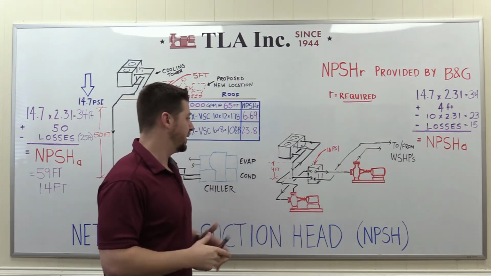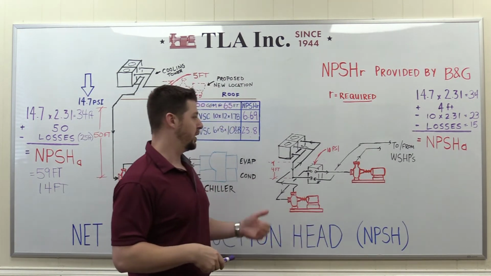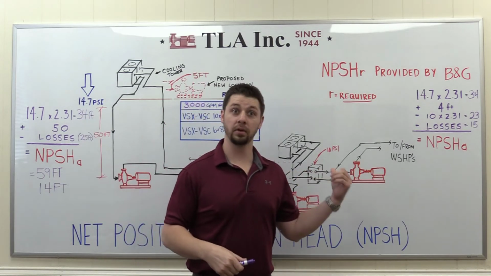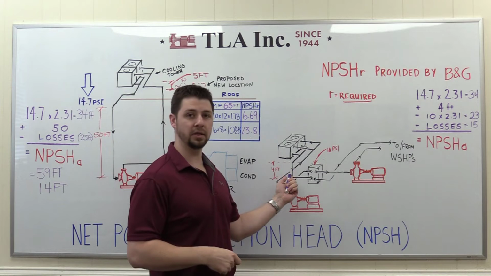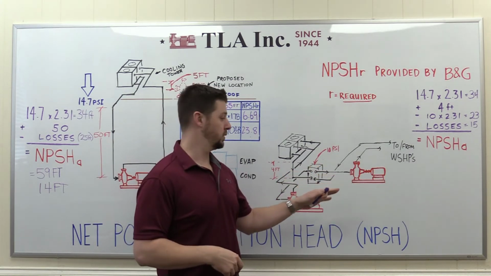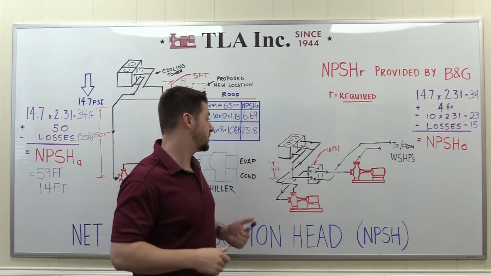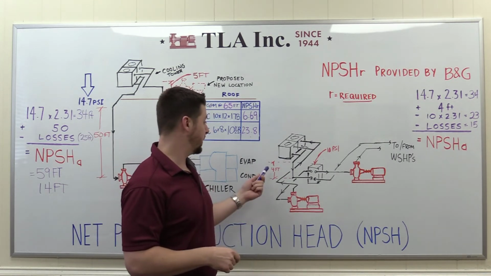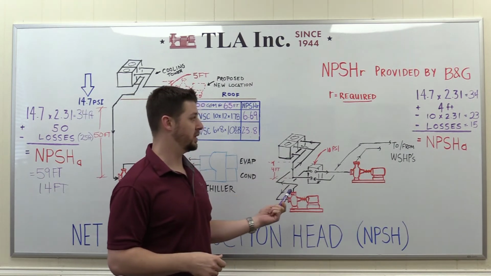Another example is, say you're working on a geothermal loop and you're using an open cell cooling tower instead of a closed circuit cooling tower, and you decouple the interior loop from the exterior loop with a plate and frame heat exchanger. Say in this example you only have 4 feet of elevation difference between the basin and the inlet of your pump.